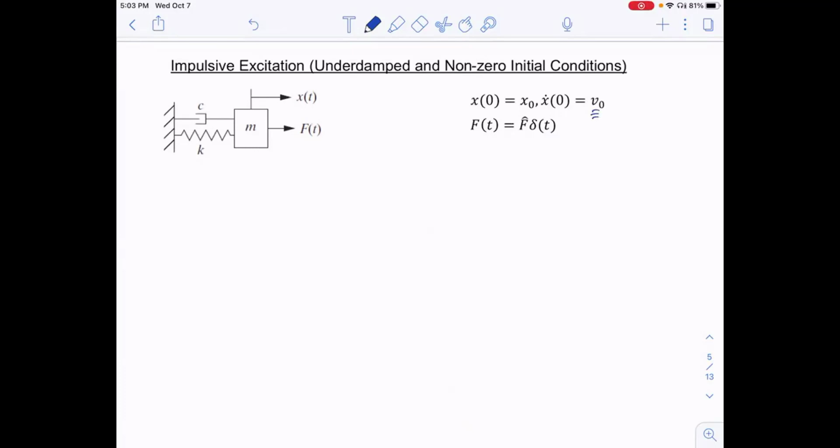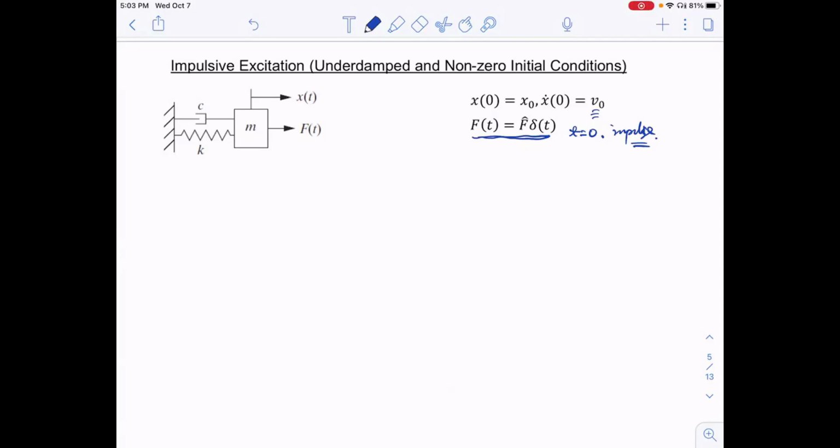Here we have an impulse force applied at time equal to 0. But the special thing here is your system is not initially at rest. It's actually subject to an initial position and velocity. How should we solve this?